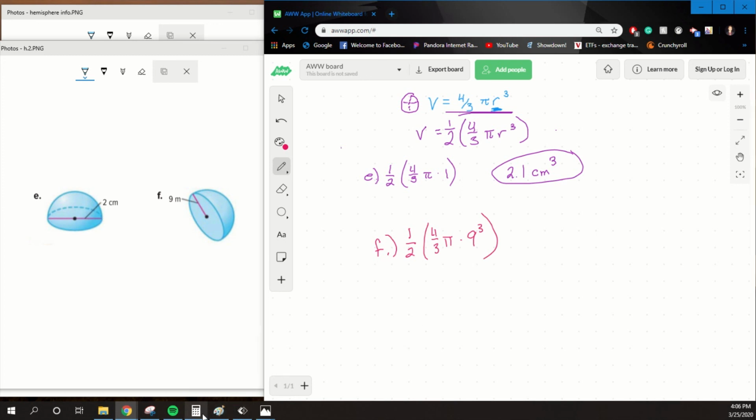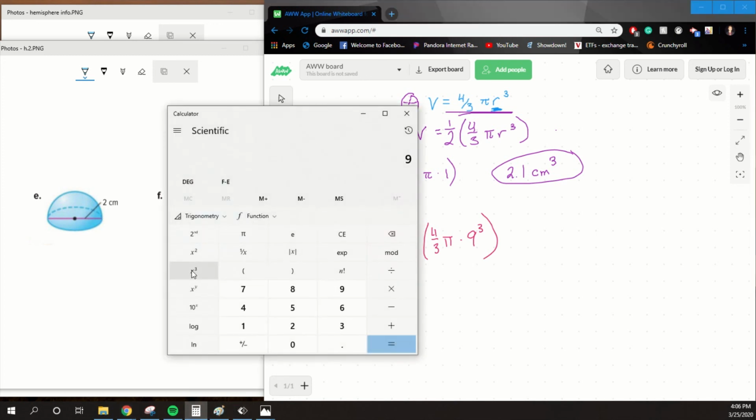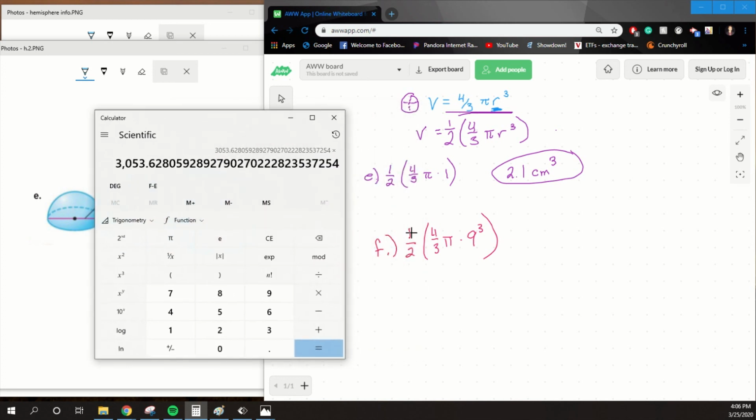Let's do our exponents first so we don't mess up. 9 cubed is 729. Multiply that by our pi. Multiply that by our 4/3, which is equal to 1.3 repeating, times that half. Don't forget to multiply it by half. So instead of multiplying by 0.5, you could divide by 2. Either way is saying the same thing.